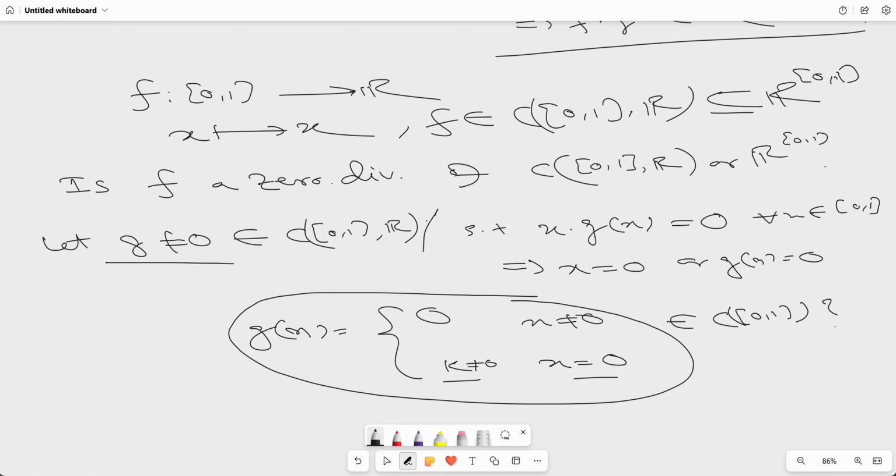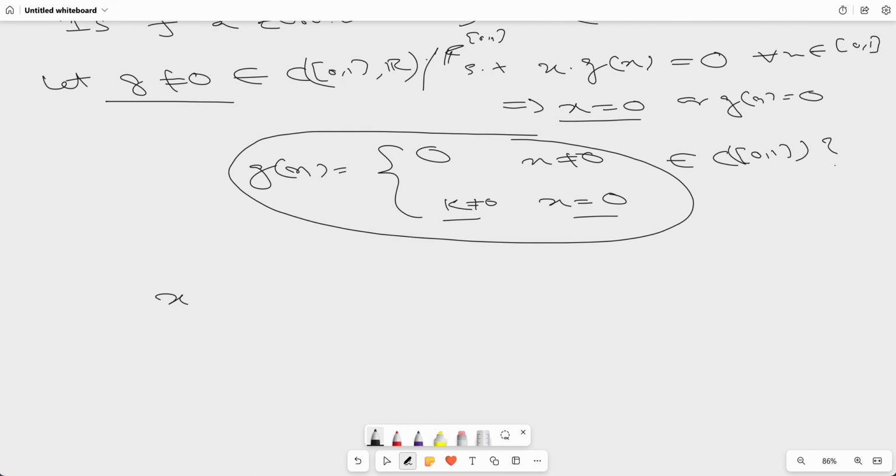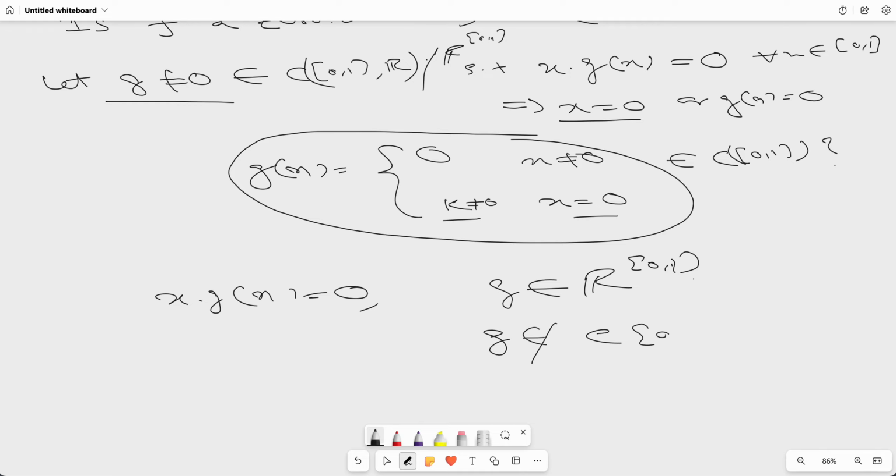Suppose you take g to be in R^[0,1]. Now you can think of f as a zero divisor. Whether you choose x is 0 or not, x dot g(x) will give us 0, and g is a function in R^[0,1], just a function, but g is not in C[0,1], right?